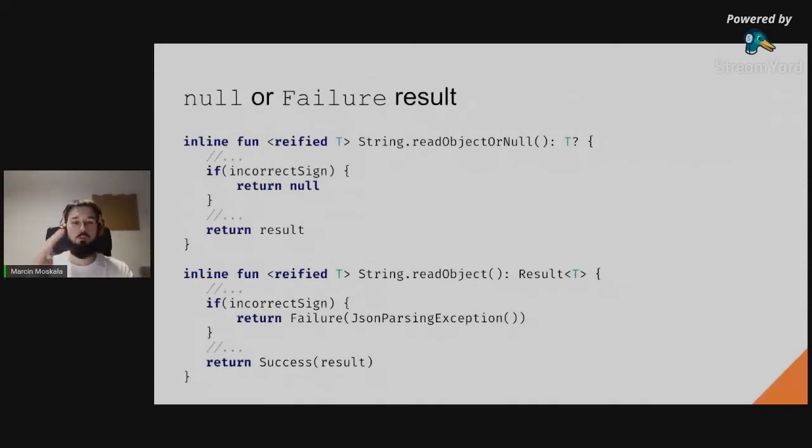Now we have read object or null that returns a null if it cannot read an object. You surely know this pattern as it's very popular in the standard library. And I'm happy to see that it started getting more and more popular in other libraries as well, and in our code as well.